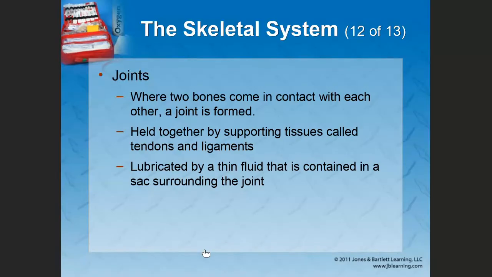Tendons connect muscle to bone. So tendons connect muscle to bone. Ligaments connect bone to bone. And the joints are lubricated with thin fluid that is contained in a sac surrounding the joint.